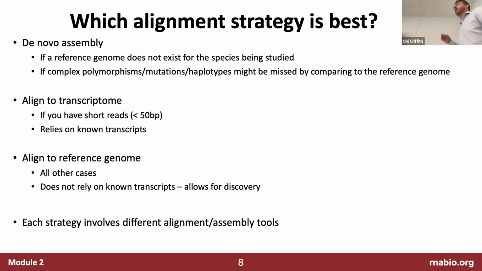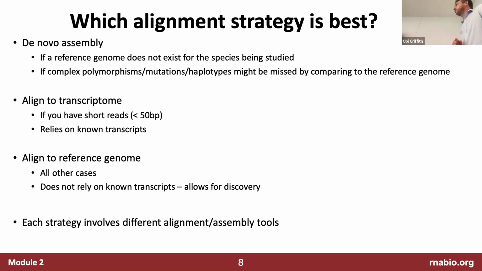When you try to align one person's sequence data against another person's reference, the alignments don't work well because people are just very different in those regions. And so that can sometimes cause you to want to take more of a de novo approach. But there are other solutions to that problem as well.